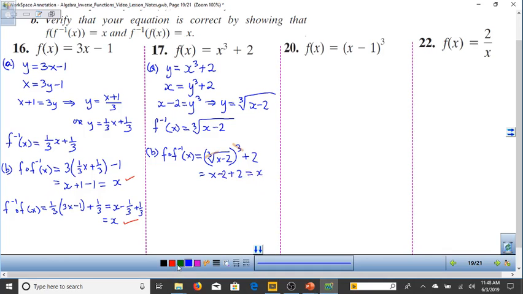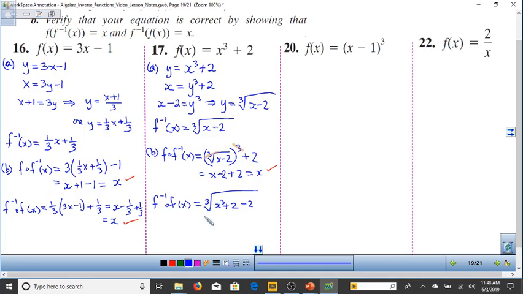So as you can see, one composition works out to be correct, and then f inverse of f of x should also work. What I will do is replace all my x's in f inverse of x with what it stands for. So it's the cube root of x cubed plus 2 and then minus 2.